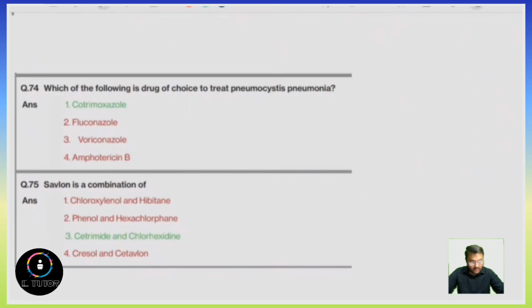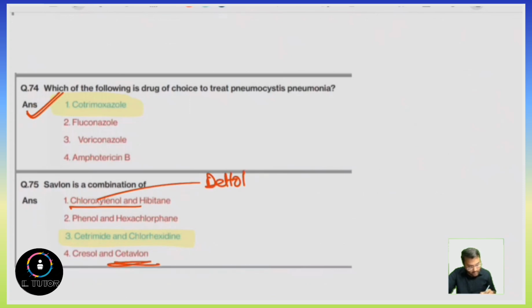Which of the following is a drug of choice for pneumocystis pneumonia? For pneumocystis pneumonia, drug of choice will be cotrimoxazole. This is a very direct question. Answer will be option number A. Savlon is a combination of cetrimide and chlorhexidine. Option number C will be the correct answer. And chloroxylenol is seen in case of Dettol.